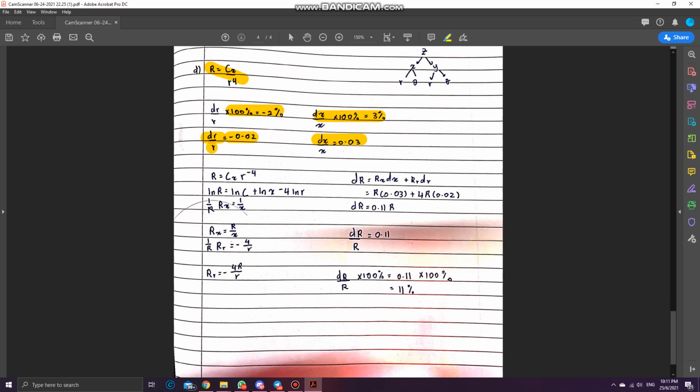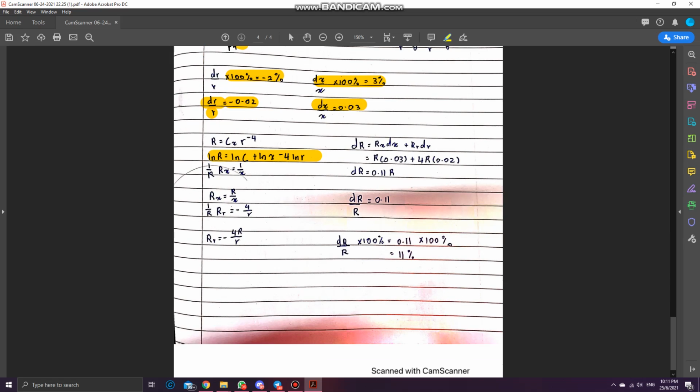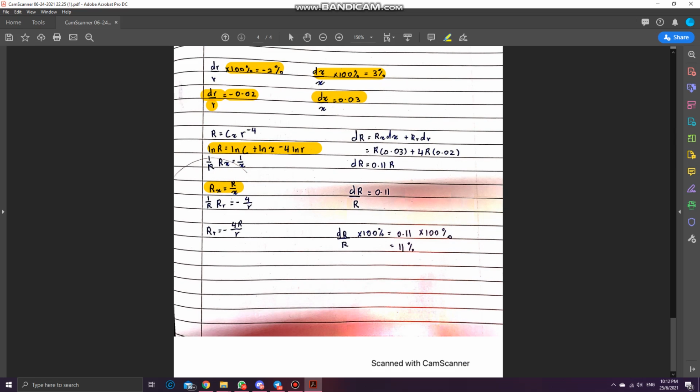To make it easier, we bring the r to the upper side, which becomes r to the power negative 4, and then we ln both sides, and then we will get r_x equal to r over x, and 1 over r times r equal to negative 4 over r. So we will get negative 4r over r.